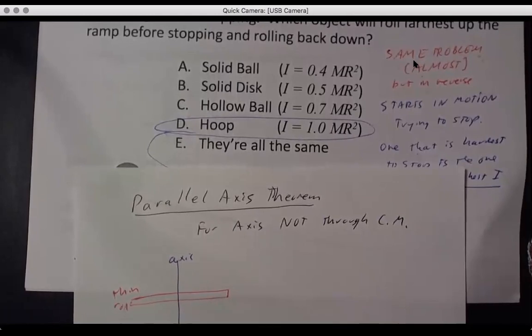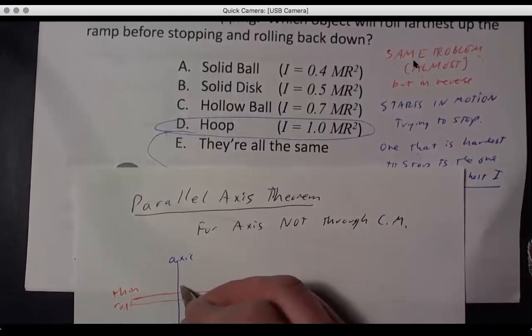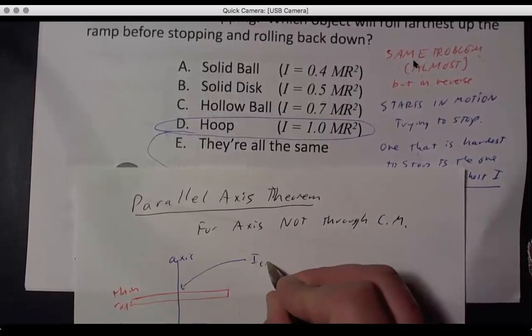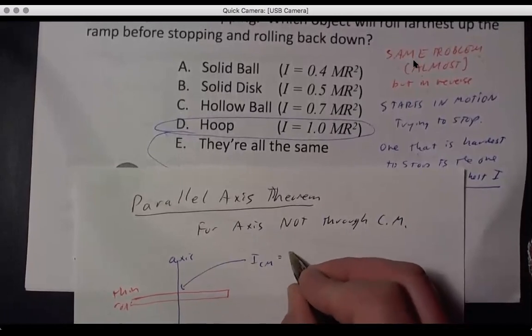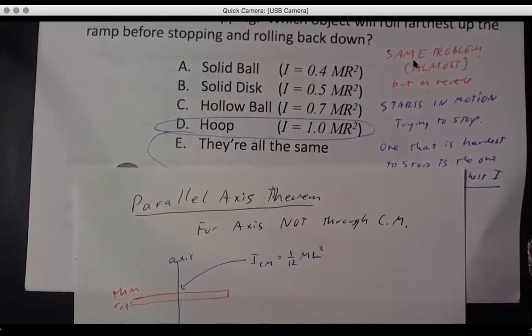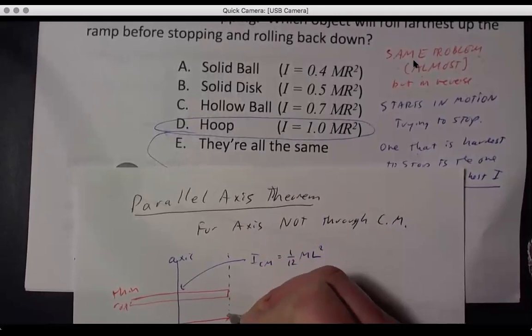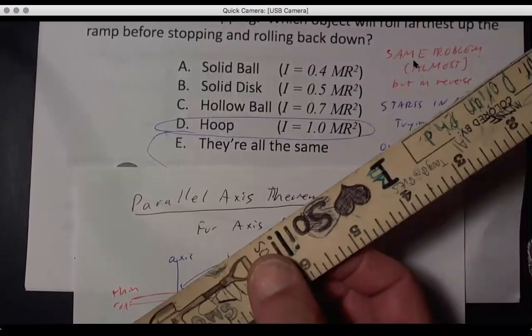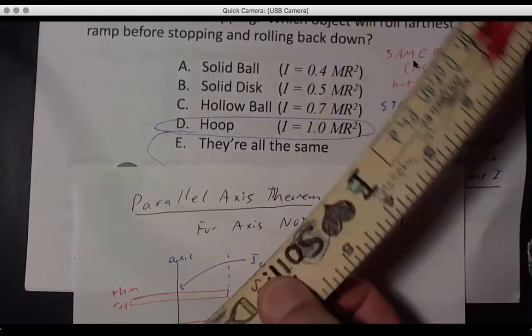This case here has the moment of inertia equal to 1/12 ml squared if this thing has the length of L. So the new question is, what if we put an axis right here that's parallel? So in other words, we know rotation around the center of mass.